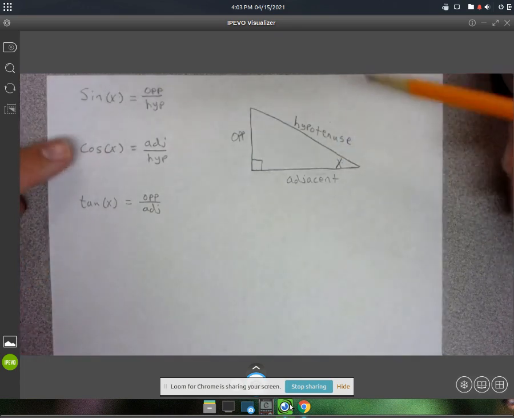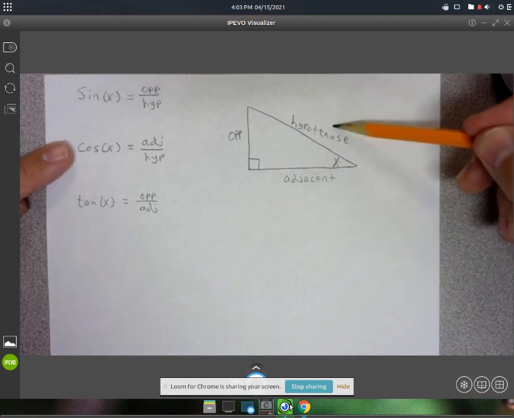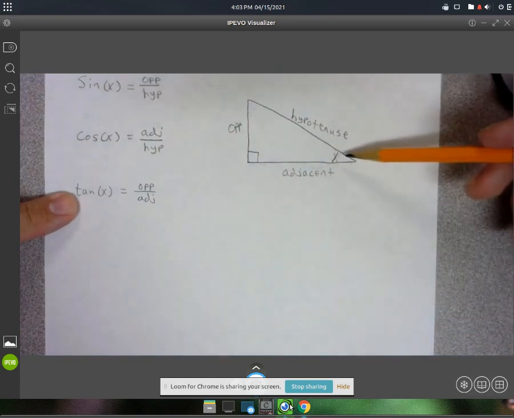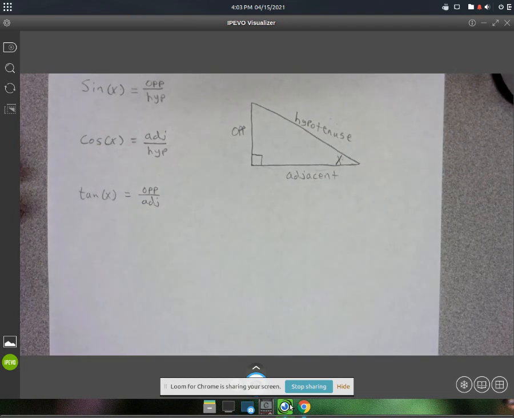Cosine would be whatever this length is divided by that length, and then tangent of x would be opposite over adjacent. Just knowing these three, sine, cosine, tangent, usually goes a long way as far as the ACT goes. I'll give you an example down below.